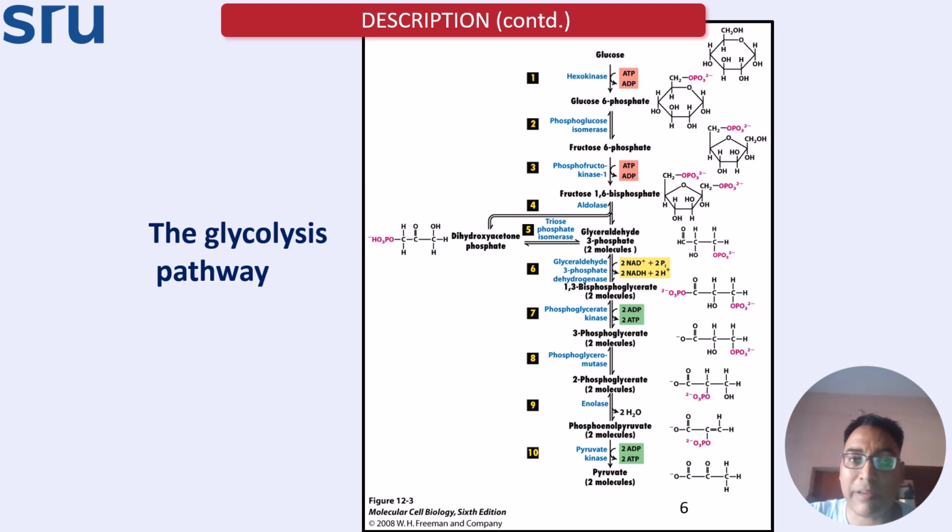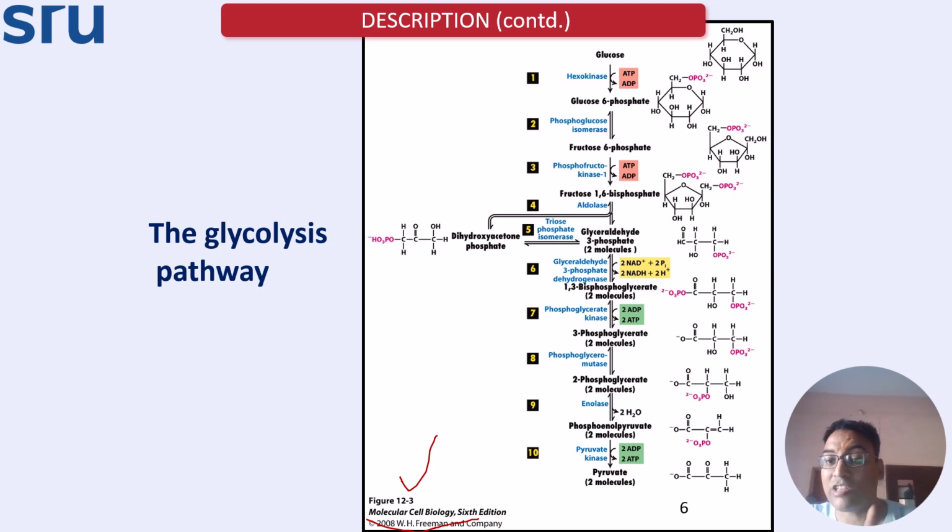Now see, for example, I'm showing the glycolysis pathway here. I've taken it from my Molecular Cell Biology, sixth edition book, by Freeman. This glucose is metabolized by hexokinase, giving rise to glucose 6-phosphate, then fructose 6-phosphate, and lastly it gives me pyruvate.